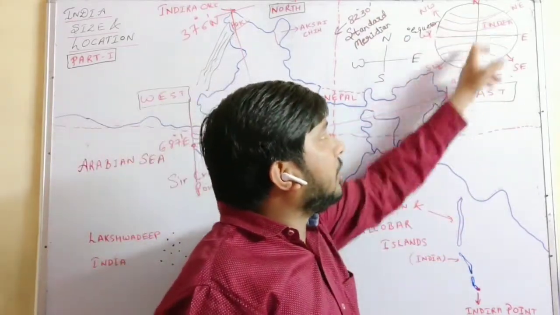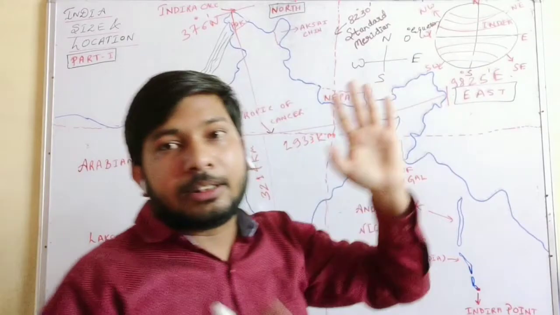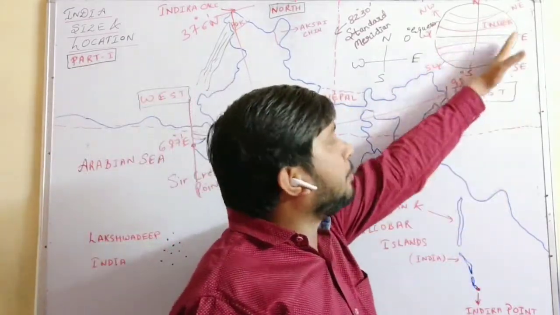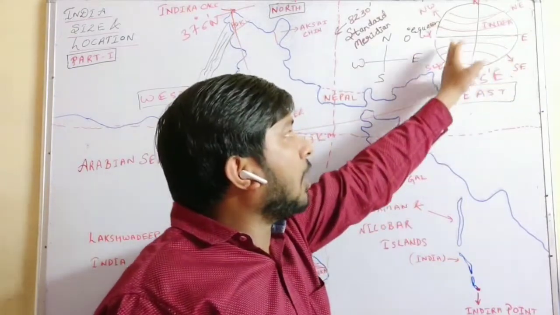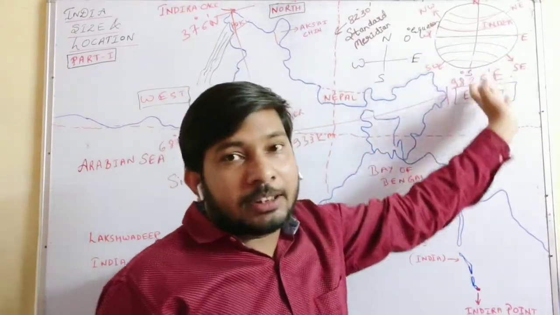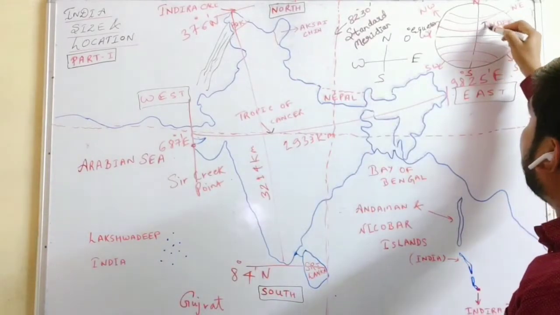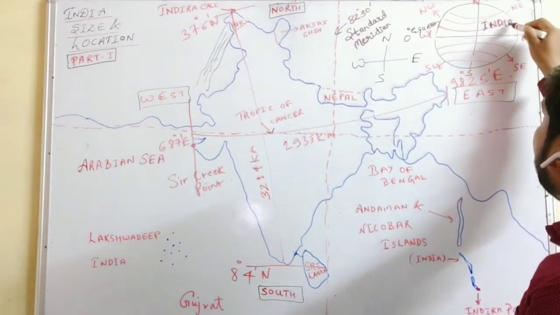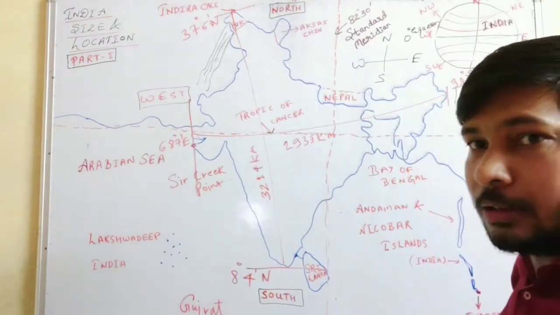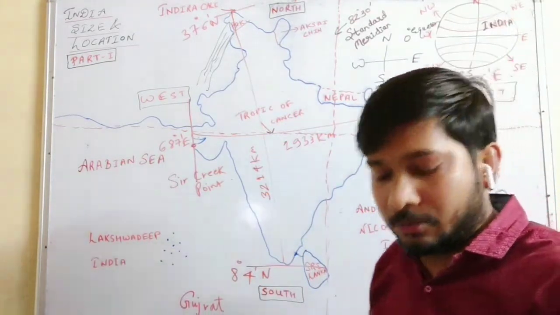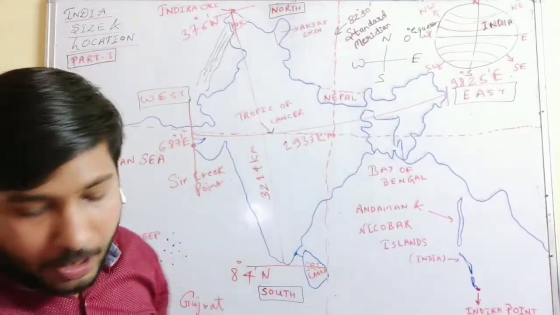This 90-degree center line divides the same sphere again into two parts, the eastern part and the western part. Now, India comes in the eastern part, as you can see here. So, we can say that India comes in the northeastern part. Understood?